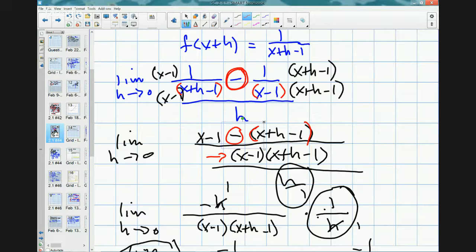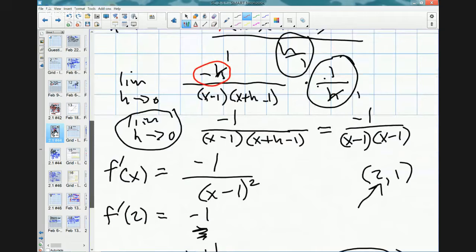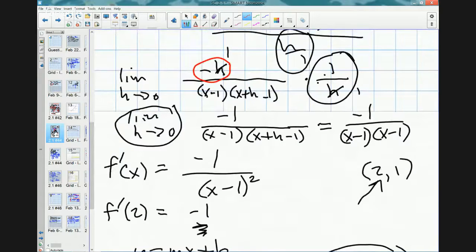So what happens on top? What's x minus x? Goodbye x. What's negative 1 minus a negative 1? Goodbye negative 1s. What's left? A subtracted h. So you can barely see it, but here was my subtracted h. Let me scroll a little bit further. So I still have my common denominator, and I still have to divide by h over 1.